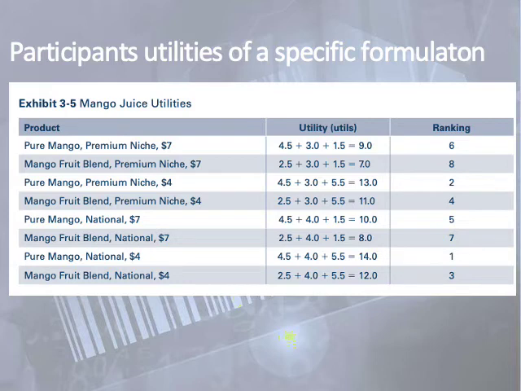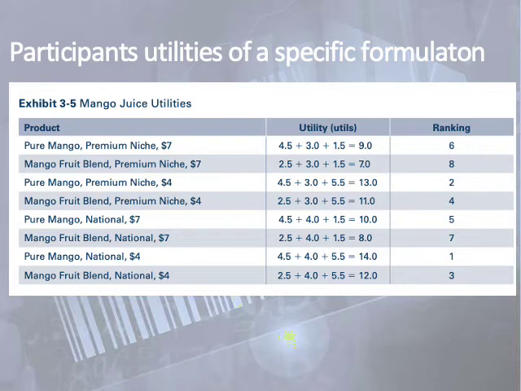Those are the levels of the attributes presented in this example. So what you're going to do is find the participant's part worth for this specific formulation.